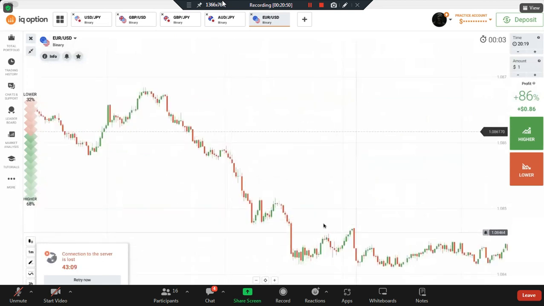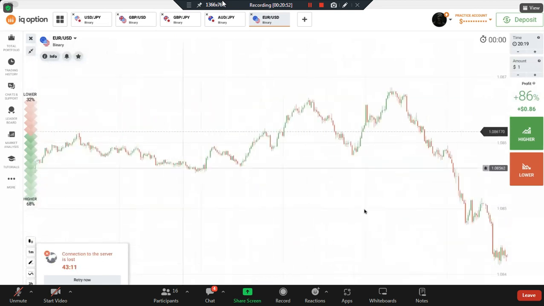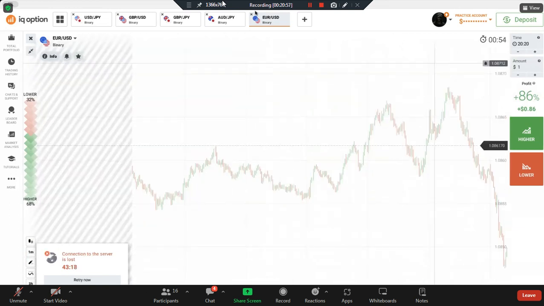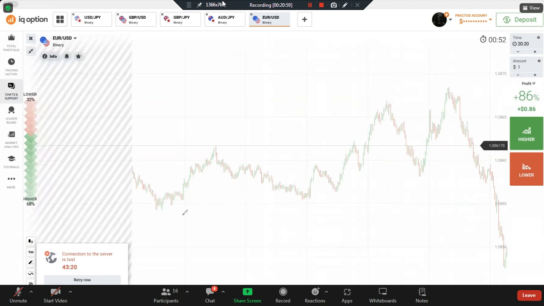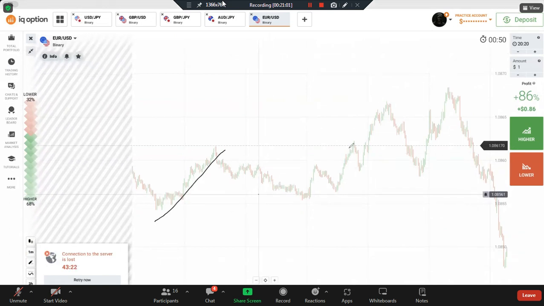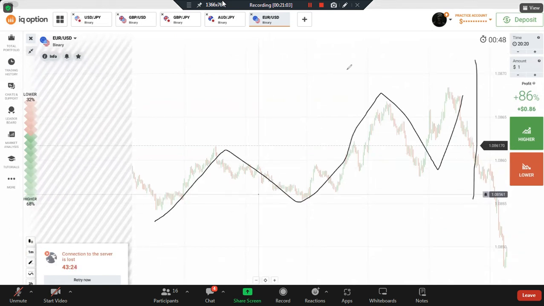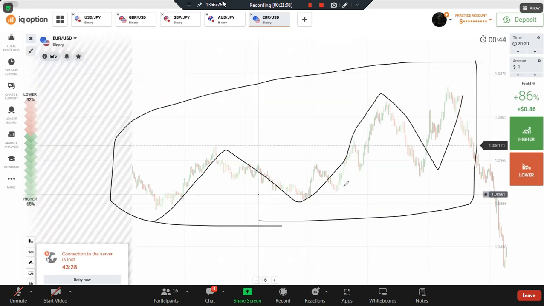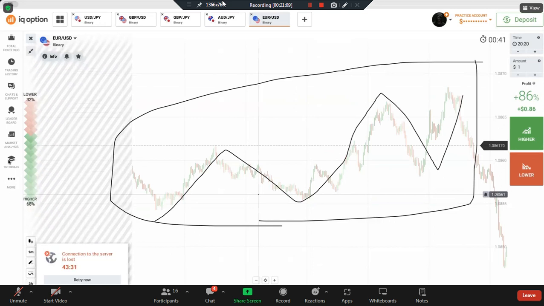So on this chart here, you are seeing this major trend is going up, right? This is the major trend overall on this section of the market. The major trend is an uptrend. The overall market is going up.